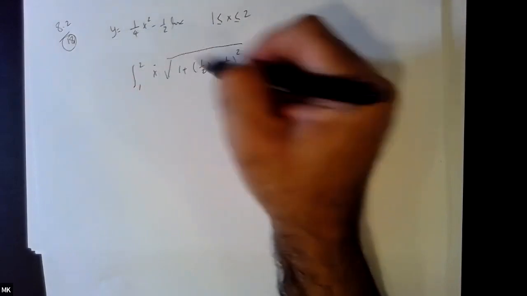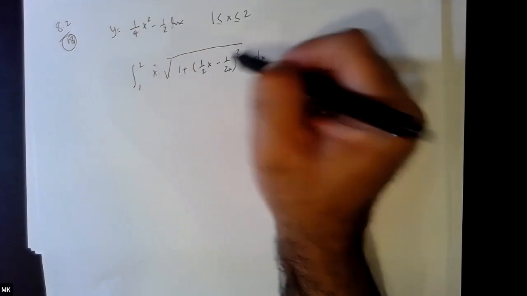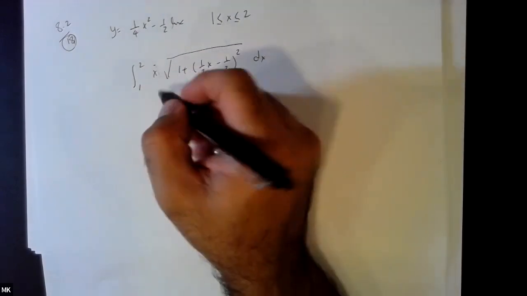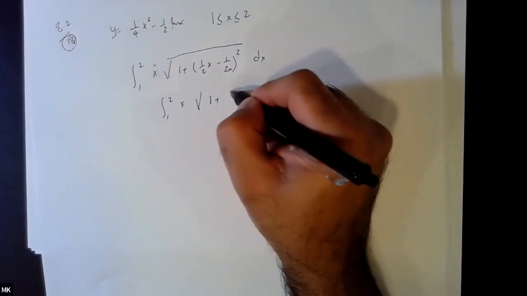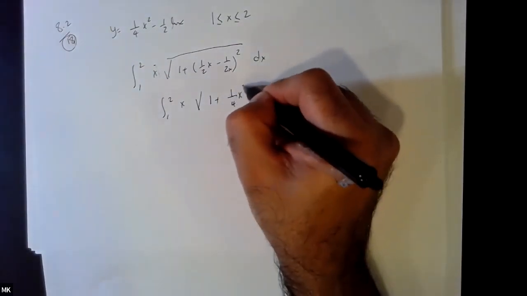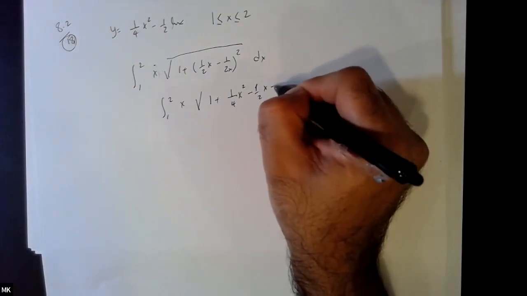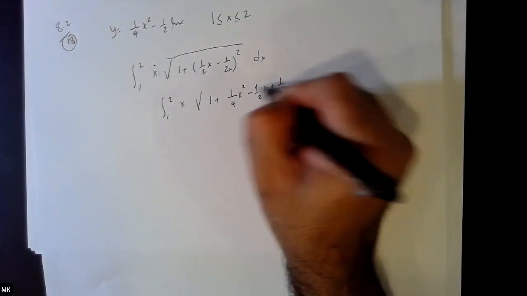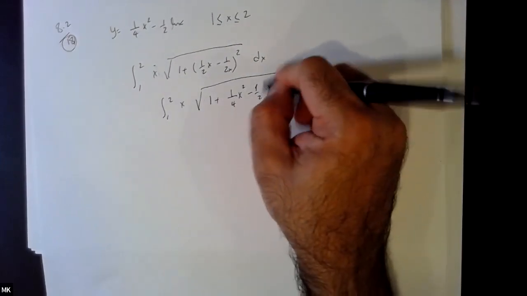And because y is a function of x, you're going to put dx here. And the ds part has dx in it. If I expand this, as you would expect, since you saw last lecture, it is 1/4 x squared minus 1/2 plus 1/4 x squared. So not 1/2 x, just 1/2.